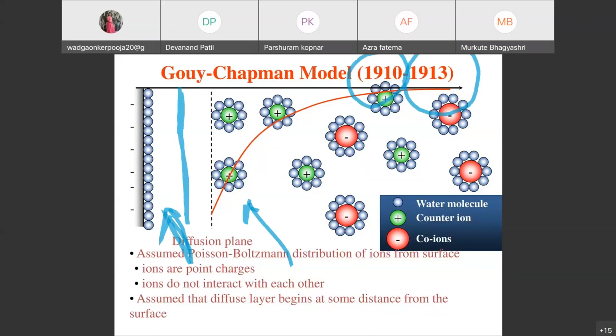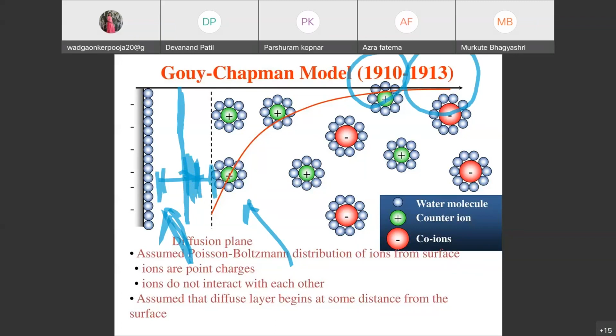You can consider either electrode as positive or negative, and with reference to that, your surrounding ions will change. See the difference in the Gouy-Chapman model, it is higher, but in the Helmholtz model the difference is lesser. When this difference increases, the formation of the diffuse double layer increases, and the thickness of the ions increases obviously.